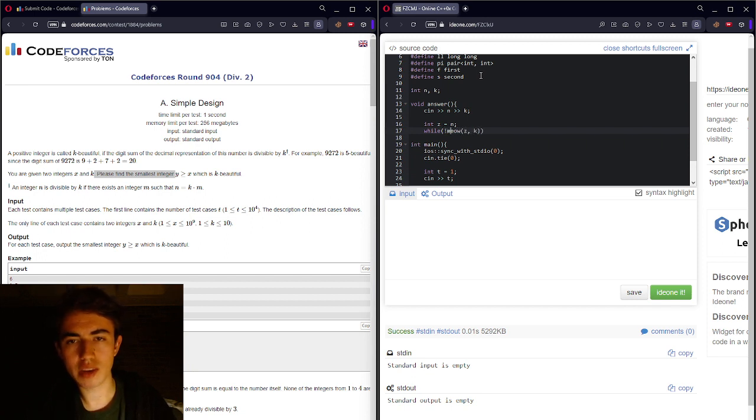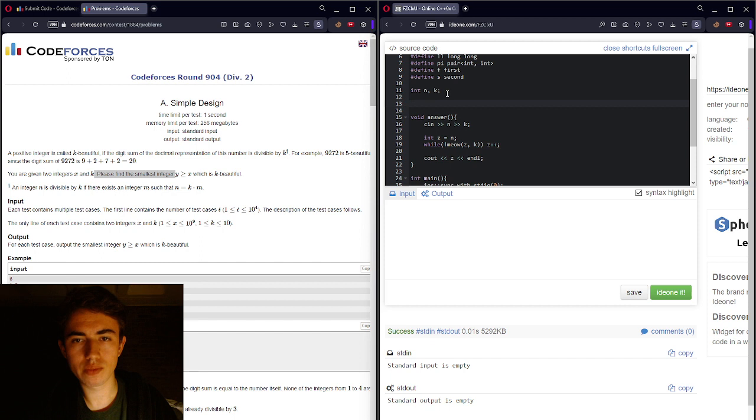Then while it's not good, we just keep increasing it by 1, and at the end x will be good, and we're going to output it. And then how do we code the test?